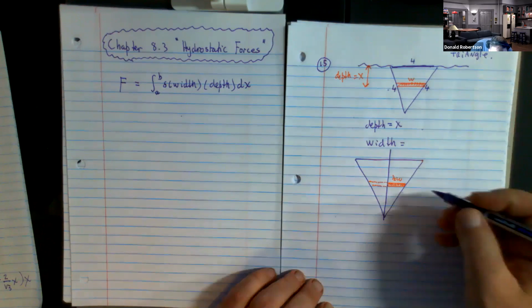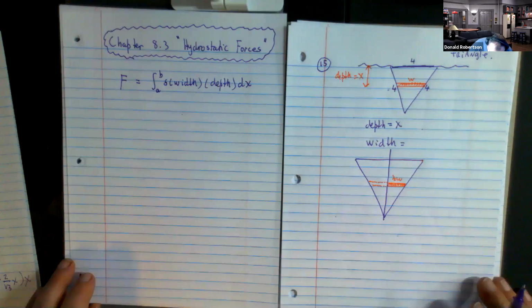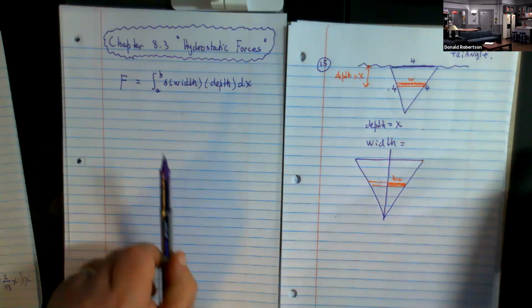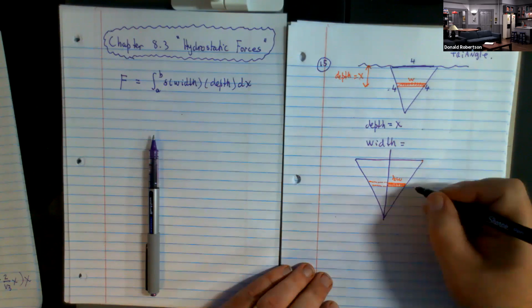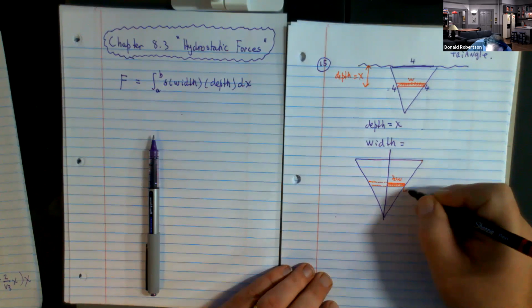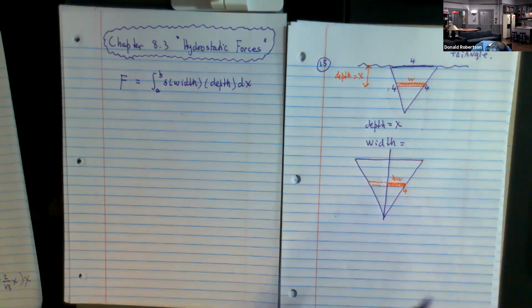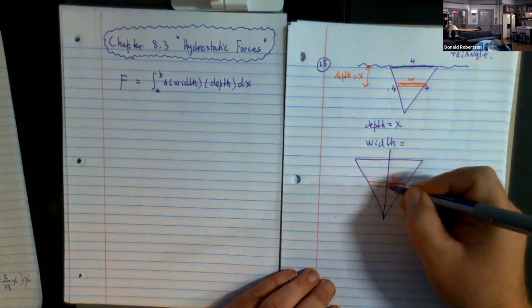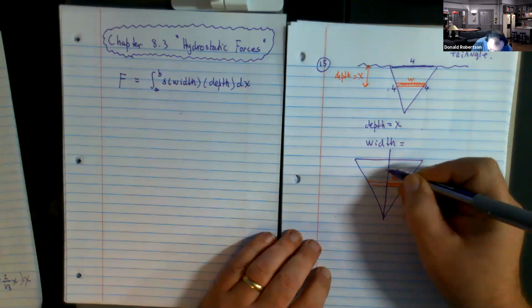Now, actually, I take this back. I am going to use 4. This distance from here to here is going to be x.